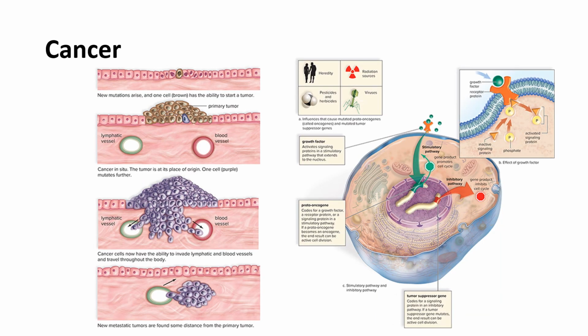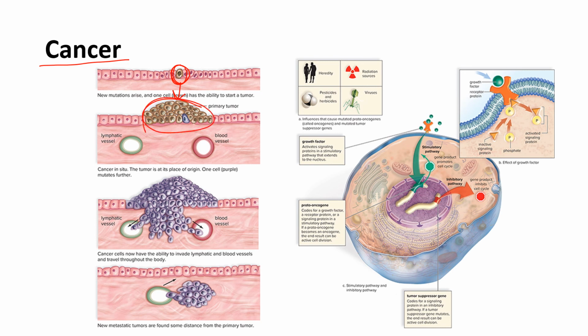I mentioned before that one possible result of mutation in a multicellular organism like a human is cancer. And that's where one individual cell has a mutation that affects control of the cell cycle, and that causes that cell to go through mitosis uncontrollably, and that leads to a tumor.